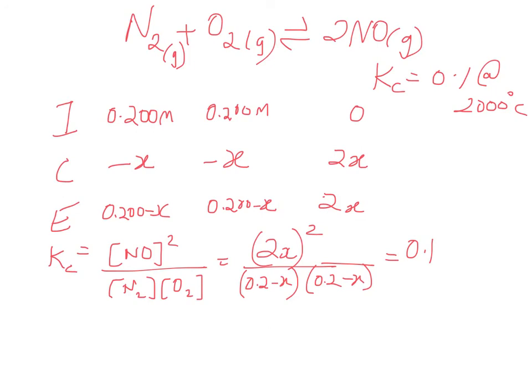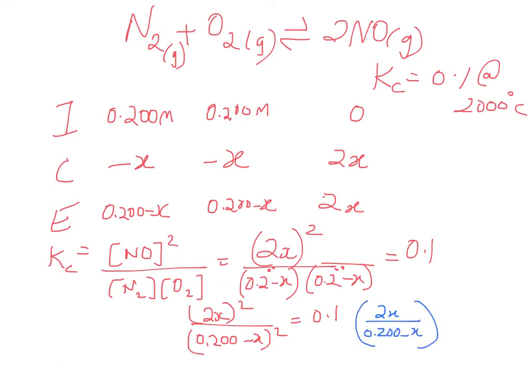Let's just write that so we don't forget the sig figs. And now we are going to solve that. Or you can perhaps even say that 2x divided by 0.200 minus x, whole squared, is equal to 0.1.